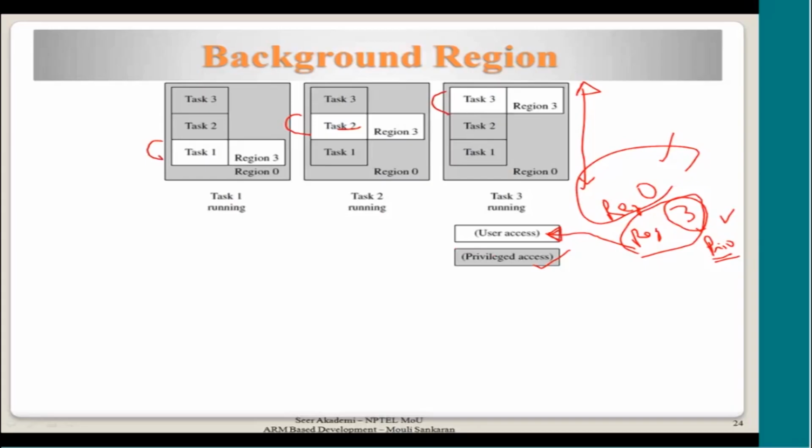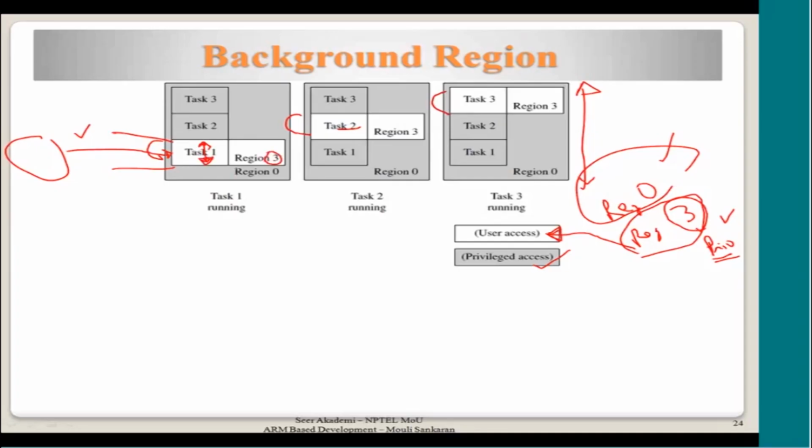What is that? Take a scenario where task 1 is running. It is genuine and correct if it generates an address within its region.